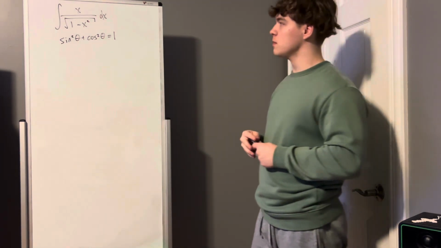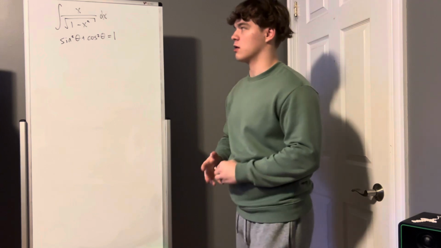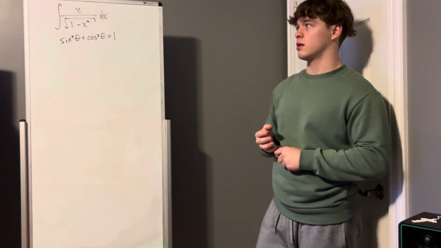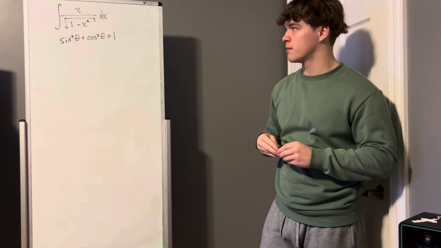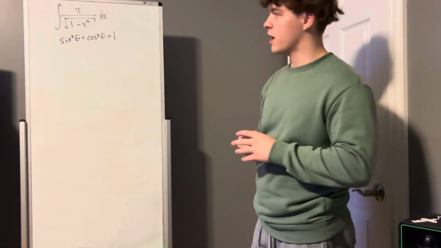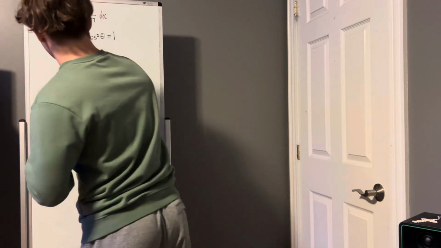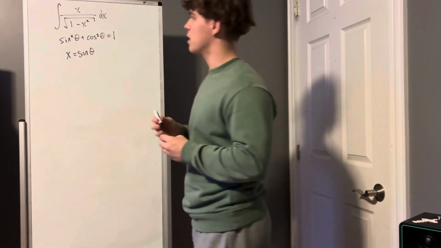Well, that means that 1 minus either sine squared theta or cos squared theta would equal the opposite squared theta. So, I think in my notes, yes, I used x equals sine theta.